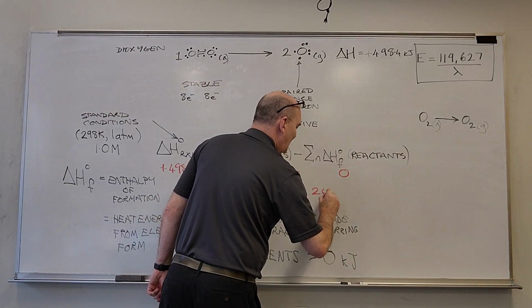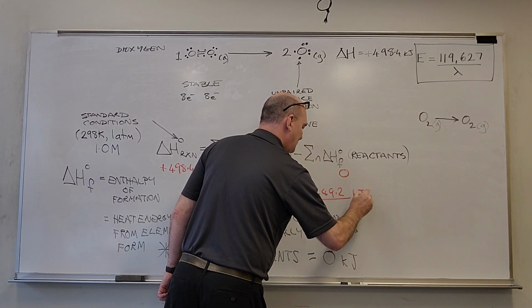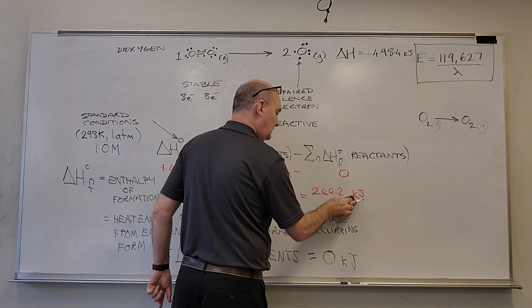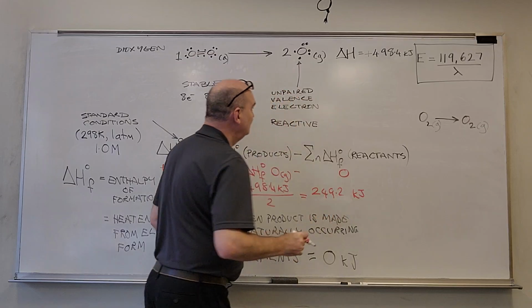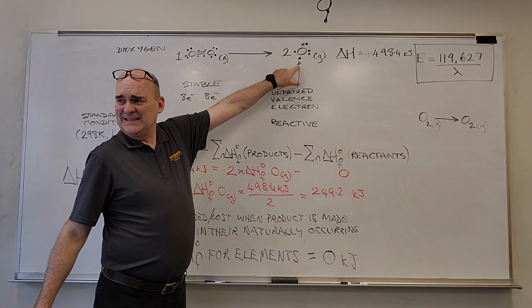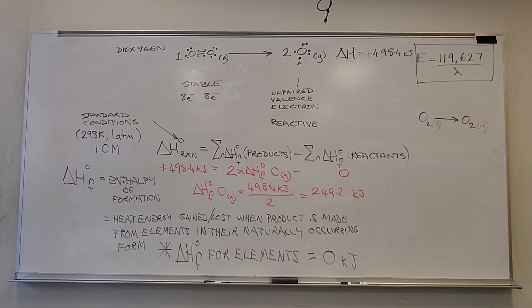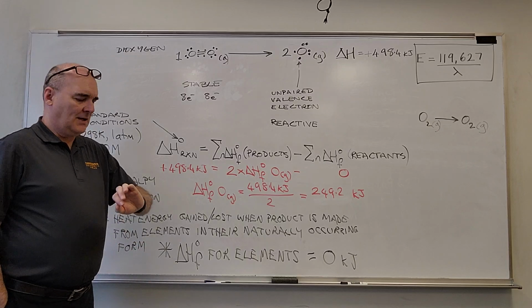Yeah, 249.2. Nope, I don't need the line. Okay. All right. Well, it turns out that this guy has a big role to play. And that's why we've bothered to take a look at it.